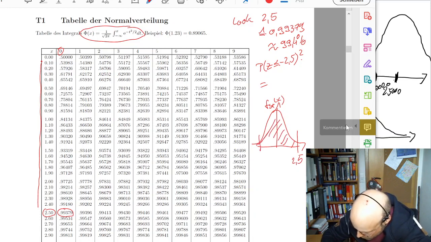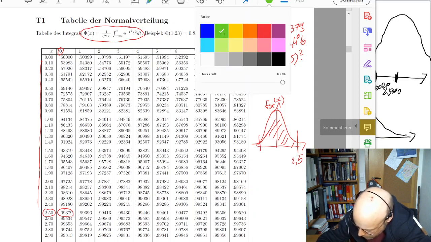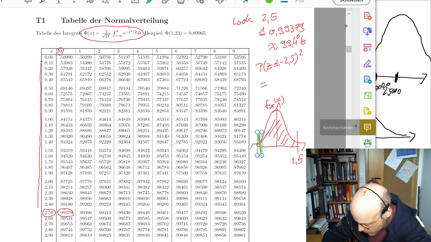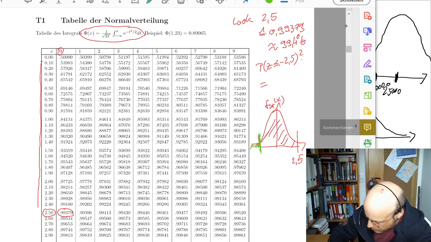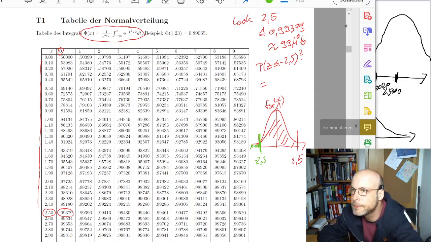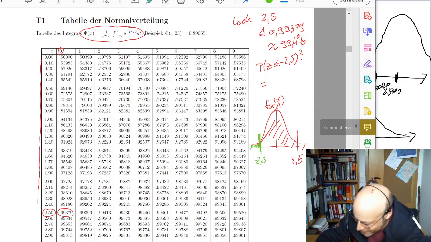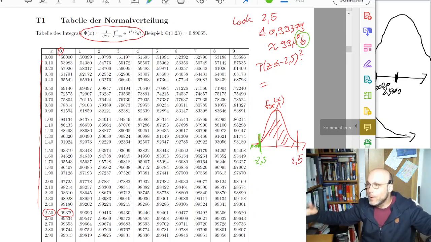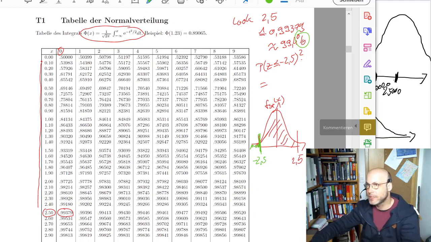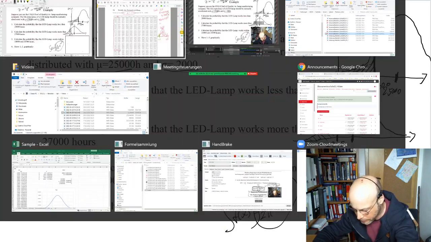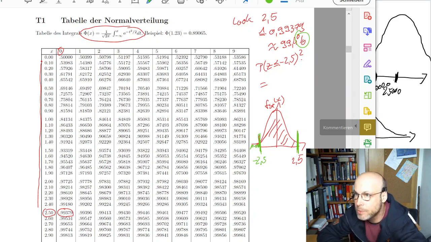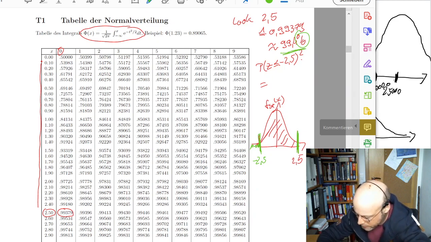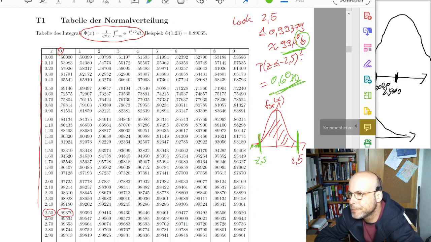But we want to know this area. The whole area below our density function is 100%. If the area until 2.5 is 99.4%, then this, of course, has to be 0.6%, and you have to be specific, it is percent, of course.